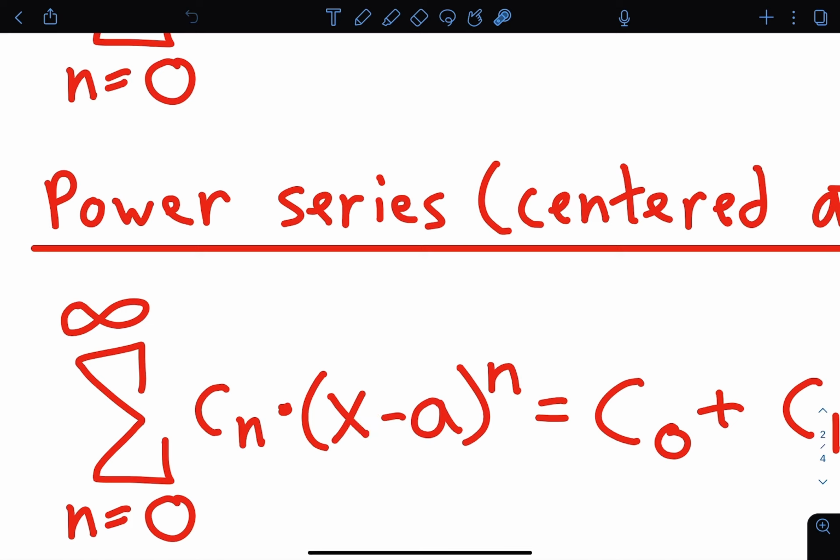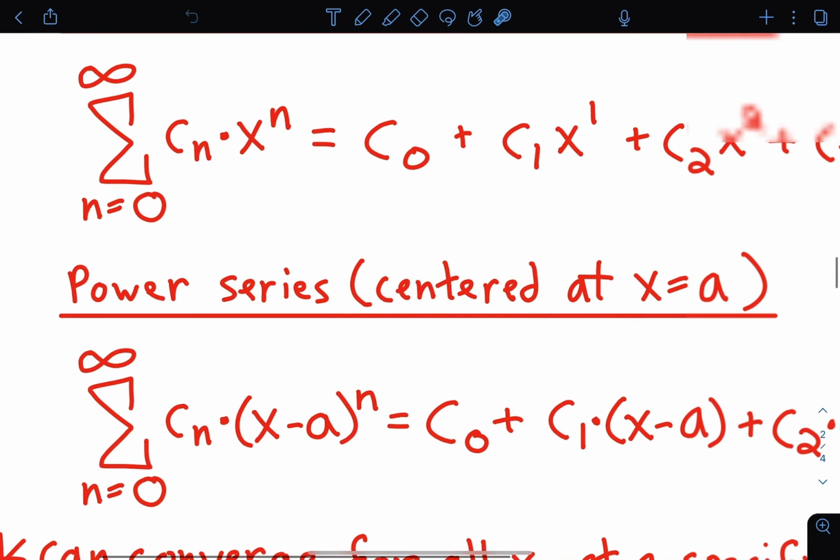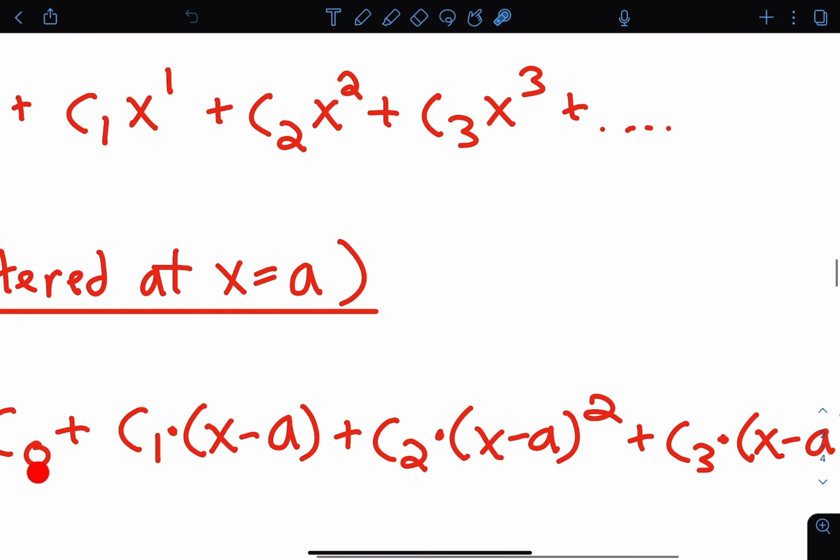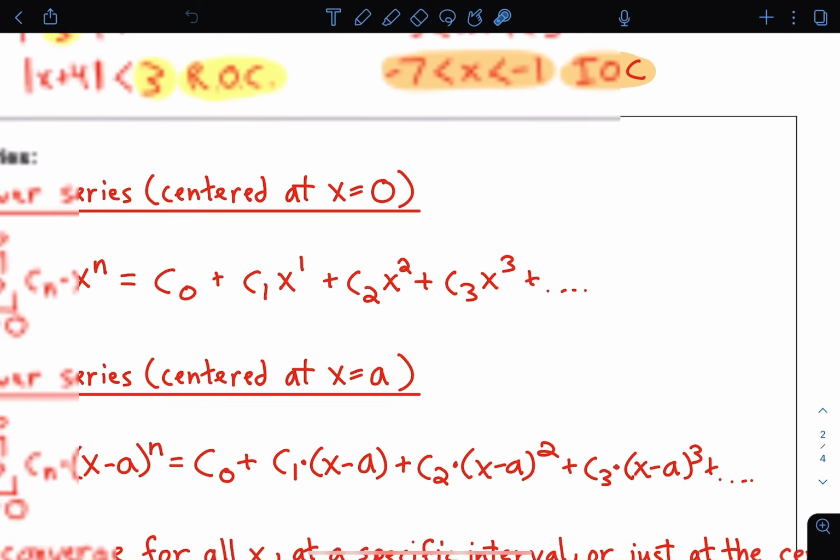You had your family of functions, and then you could shift it left or right. That's really the only difference here. Quantity x minus a, so the shift is x equals a. That's where it gets centered. So what you're multiplying by is x minus a to the first power every time. That's your common ratio.